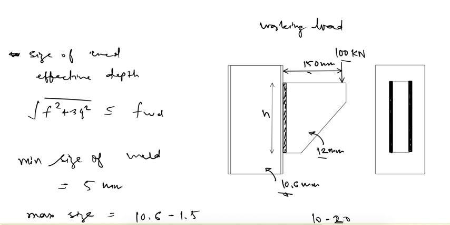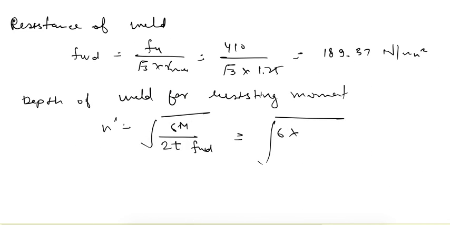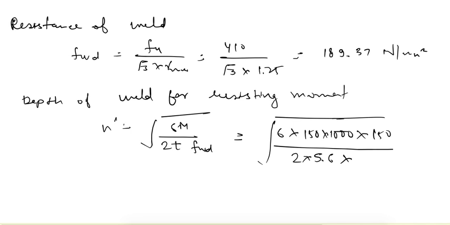It is given in the question that this 100 kilonewton is the working load, so we design for the factored load, that would be 1.5 into 100, that is 150 kilonewton, and the value of eccentricity is also 150 mm. So the moment would be 150 kilonewton, converted to Newton, that is 150 into 1000 into e, which is 150 mm, divided by 2 into the throat thickness, that is 5.6, and FWD is 189.37.